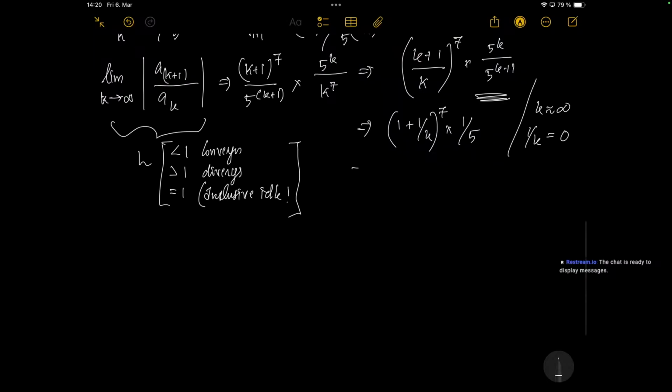So here we got 1 times 1/5 equals 1/5, which is less than 1, so L is less than 1. Therefore, the series converges.